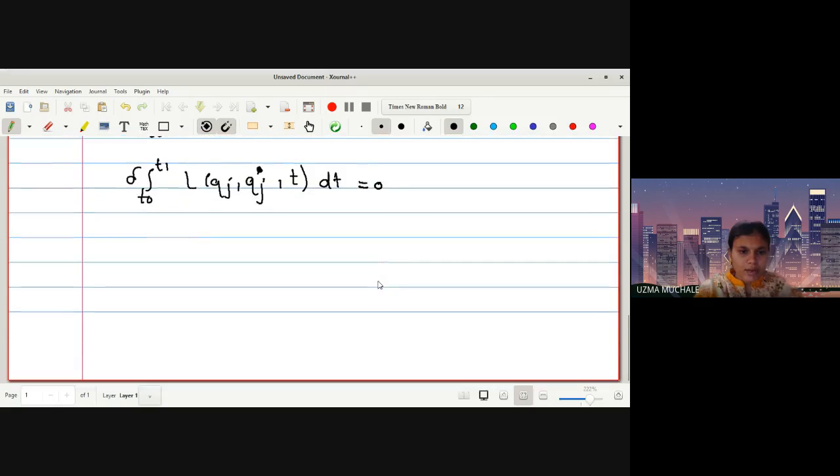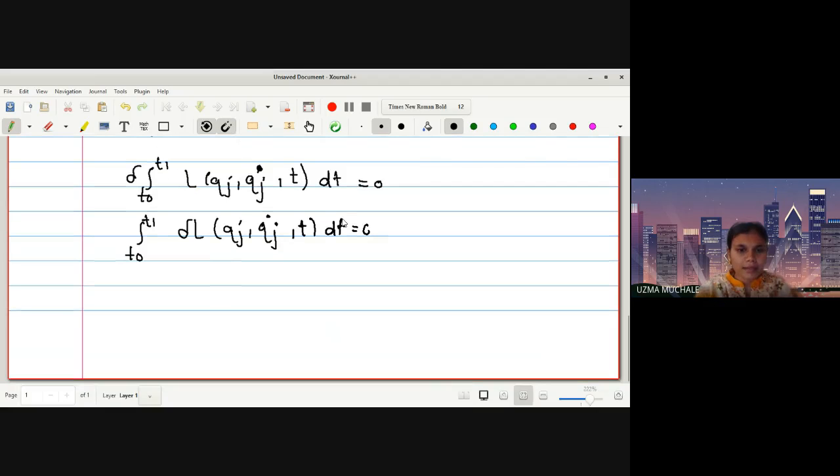Now let us find the value of delta L. Can anyone tell me how to find the value of delta L now?